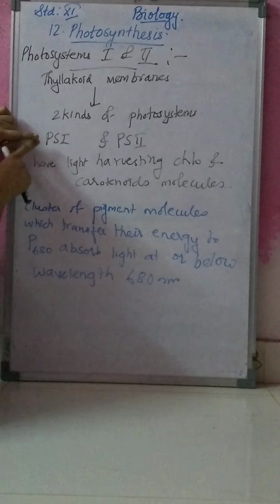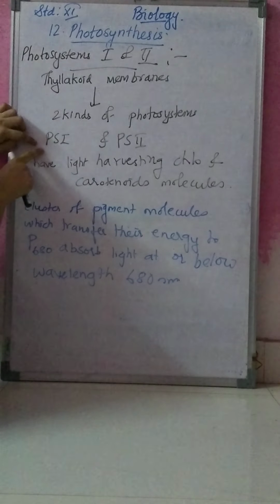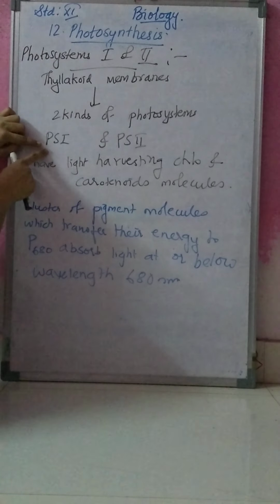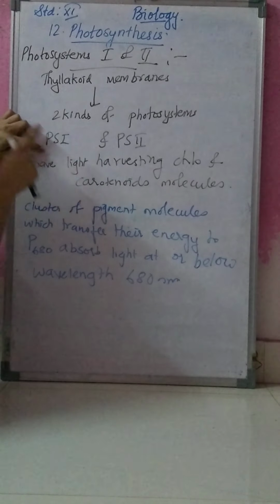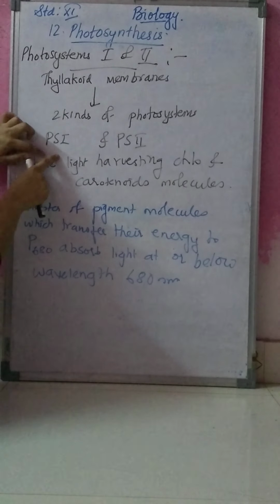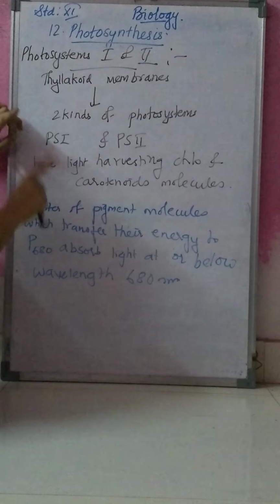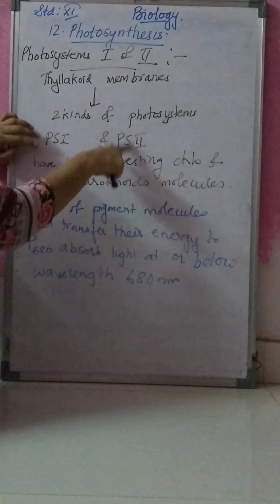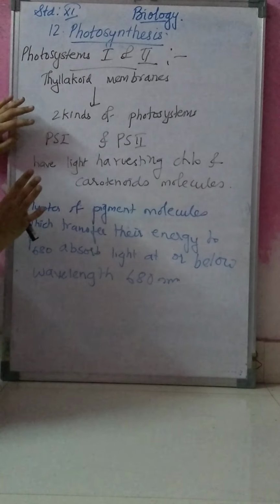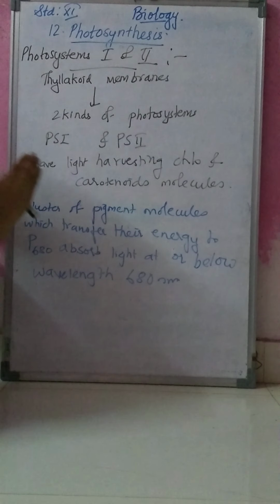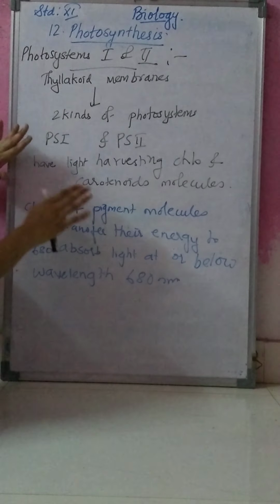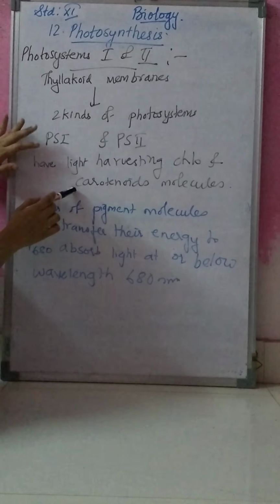Photosystem 1 has its own chlorophyll A, chlorophyll B, carotene, xanthophyll. Similarly, photosystem 2 has its own chlorophyll A, chlorophyll B, carotene and xanthophyll.